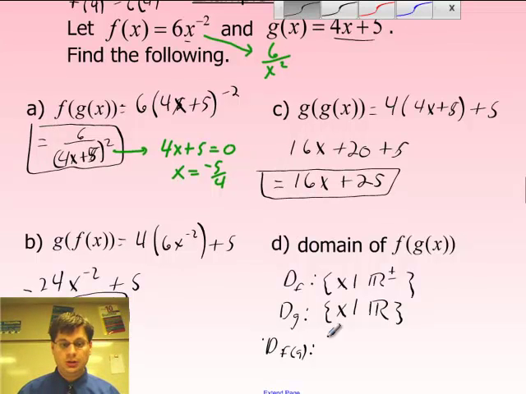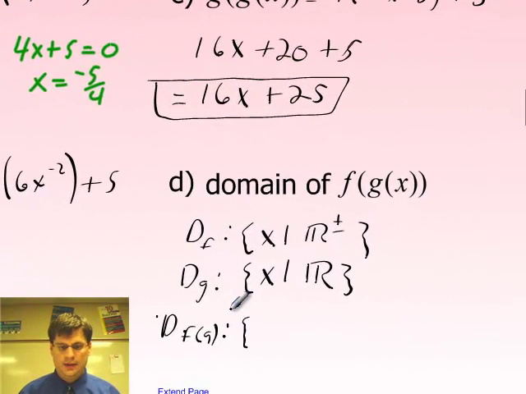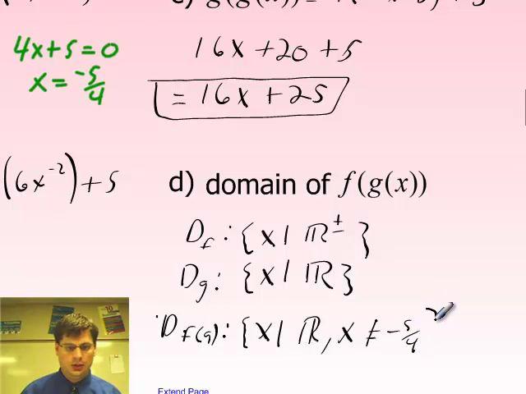So the domain, based off of what we have there, is x is such that it is all real numbers, except x cannot equal negative 5/4. Everything else though will work.